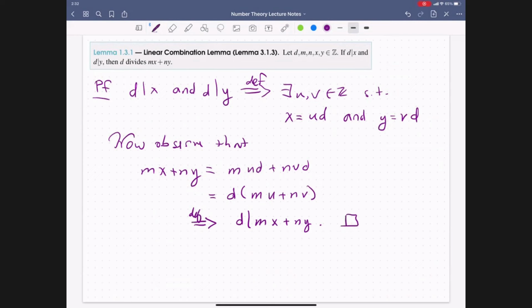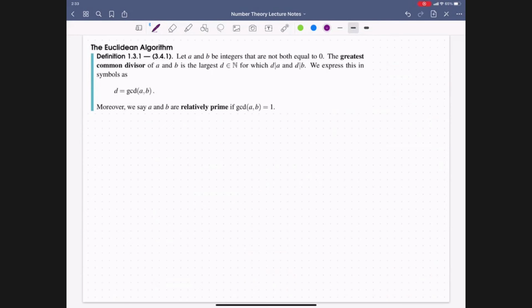And so this easy to prove lemma is going to be instrumental for our arguments going forward. And so from now on, I'm just going to refer to it as the linear combination lemma rather than lemma 1.3.1. So our next definition is the concept of a greatest common divisor.